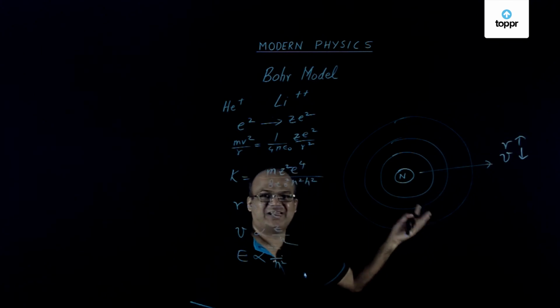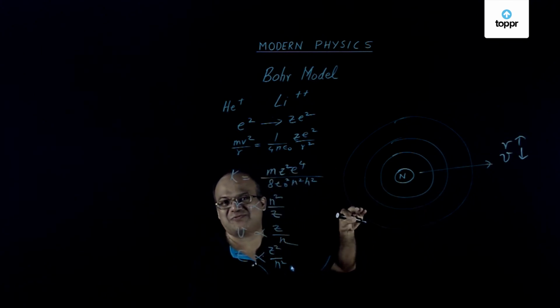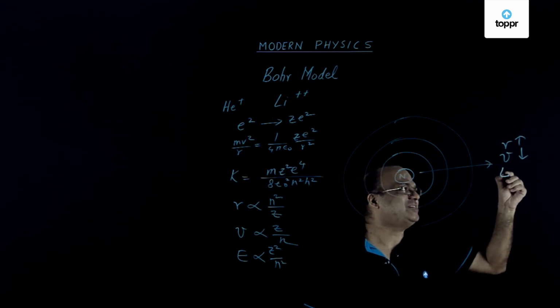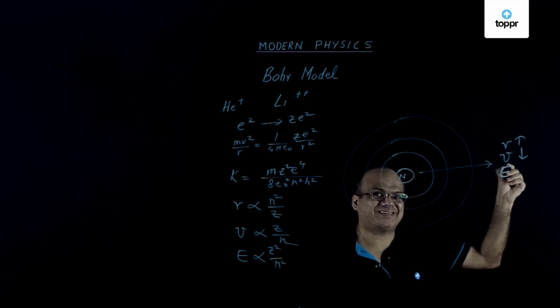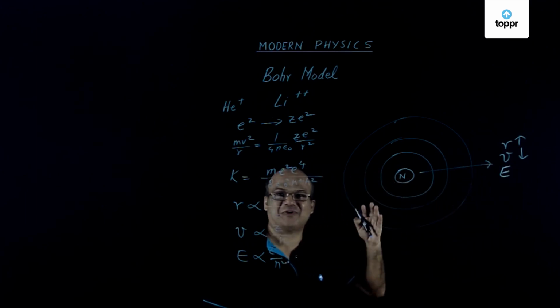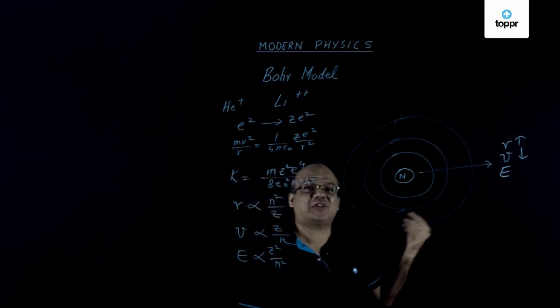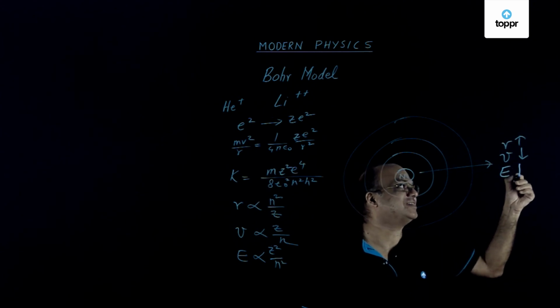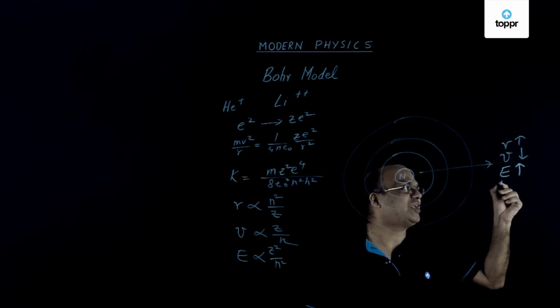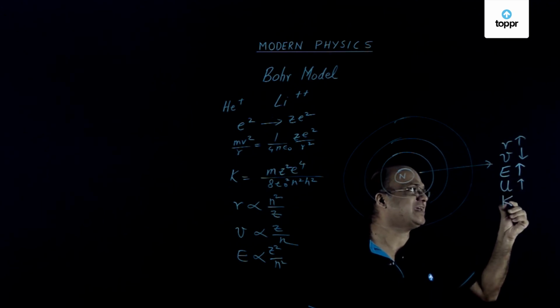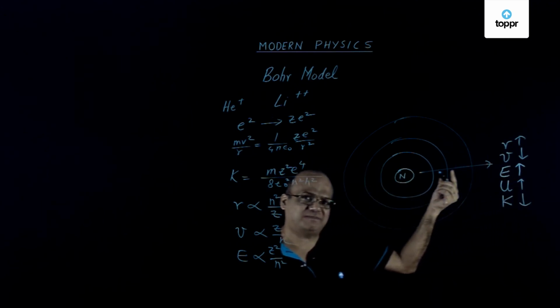More far away, less force, less centripetal force, velocity decreases. The energy, what happens to that? You may think that going from minus 13.6 to minus 3.4 is decreasing, but actually all those are minus, so therefore it increases. The potential energy also increases. The kinetic energy will decrease as v is decreasing.